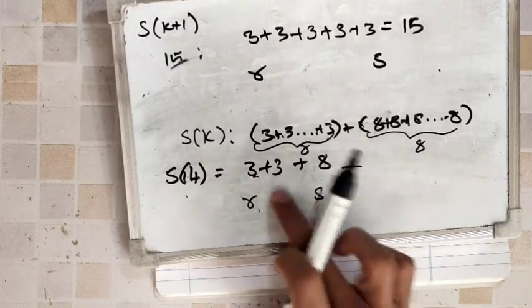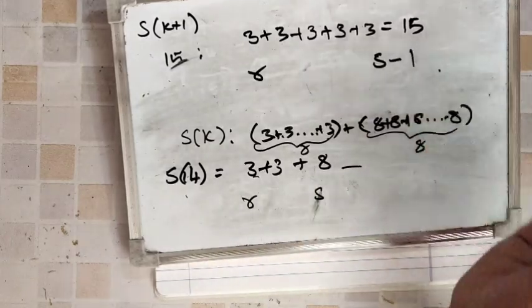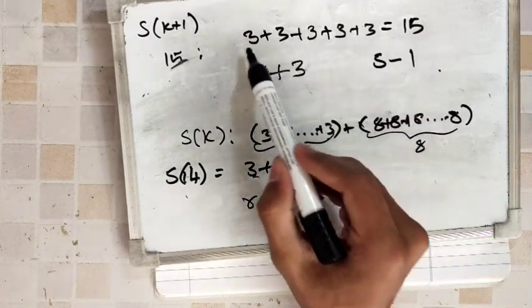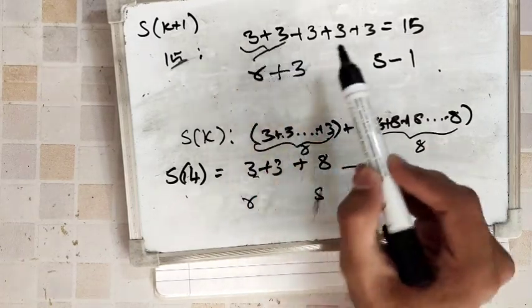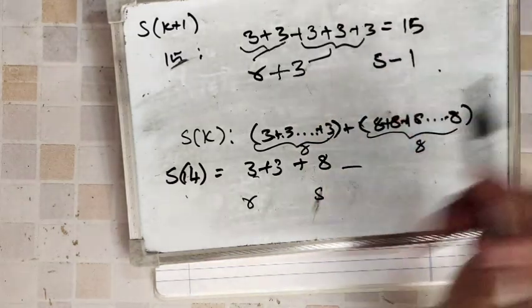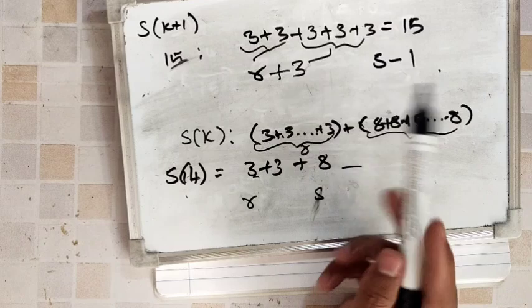Now s has reduced by 1 and r has increased by 3. Number of times 3 has come, and 8 was reduced by 1. So you have r plus 3 and s minus 1.